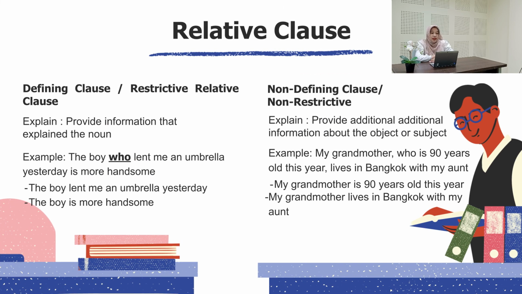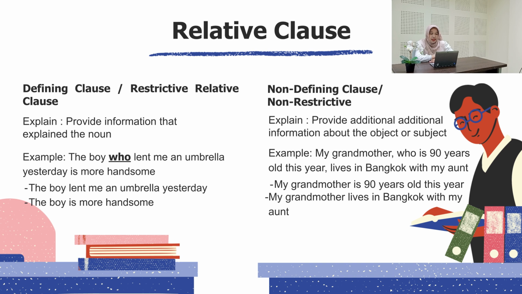Now let's learn about the adjective clause or relative clause, especially the defining clause or restrictive relative clause. It provides information that explains the noun. For example, the boy who lent me an umbrella yesterday is more handsome than him. The first clause is the boy lent me an umbrella yesterday.